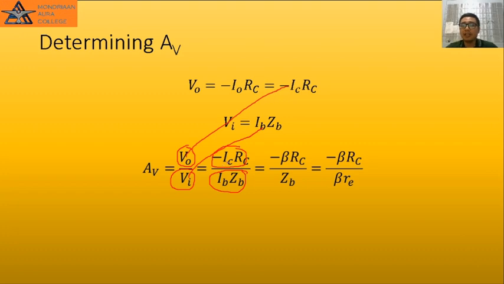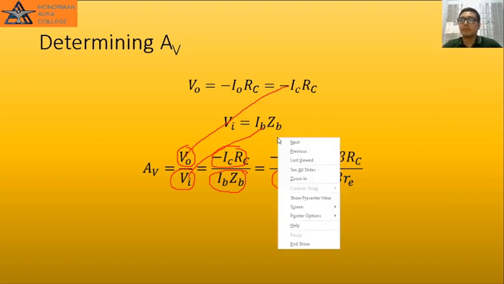And then I sub C over I sub B is equal to beta. Kaya we can replace I sub C over I sub B here. Magiging beta na siya. So negative beta R sub C over Z sub B. But Z sub B is equal to beta R sub E. So ito yung na-derive natin kanina, no? So we just replace and substitute the terms with the corresponding values na ating na-derive earlier.